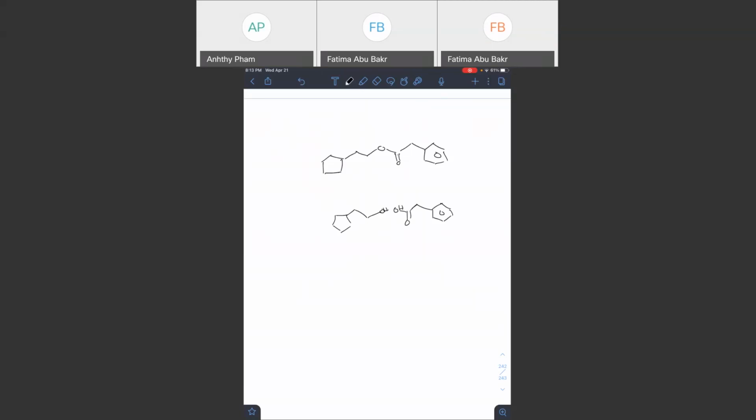And then PCC is a reagent that we used here. PCC is a reagent we learned about, and all PCC does is it takes an OH like this and turns it into a carbonyl.